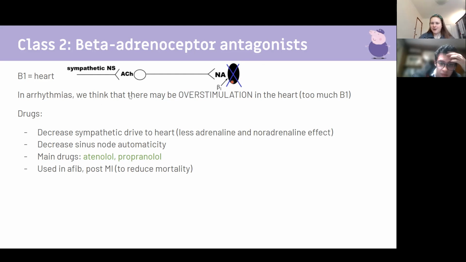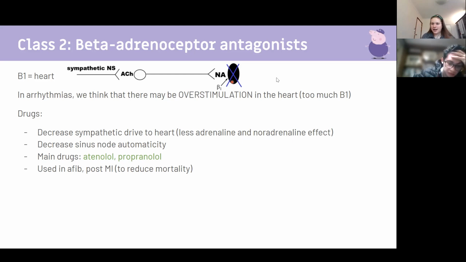The reason we think arrhythmias happen, or partially the reason, is that there's overstimulation in the heart. So there's too much of this noradrenaline synapsing onto the B1. What beta-adrenoceptor antagonists do is bind to the B1 instead, stopping the noradrenaline actually binding. By stopping noradrenaline, you're decreasing sympathetic drive to the heart, and decreasing the sinus node automaticity, because that increases with the sympathetic drive.